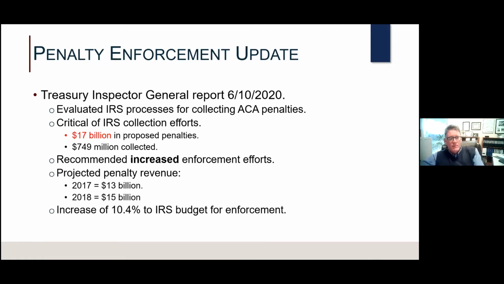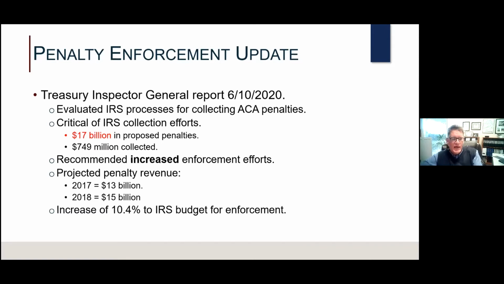I really want to talk about some major changes to IRS enforcement of the penalties. There was a Treasury IG report in June of 2020 which evaluated the IRS processes for collecting ACA penalties.